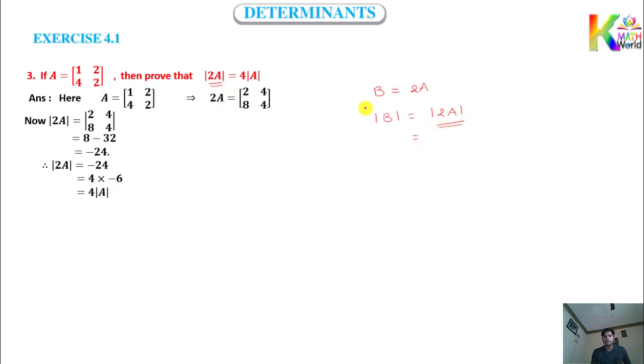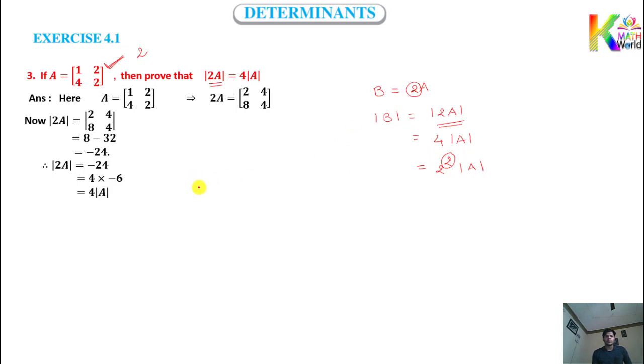We consider B as twice A. And determinant of 2A you got which answer? 4 into determinant of A. Here 2 is there, so 4 can be written as 2 square into determinant of A. Now here, what is the order of this matrix? Order 2 matrix. So that's why you got in exponent 2.